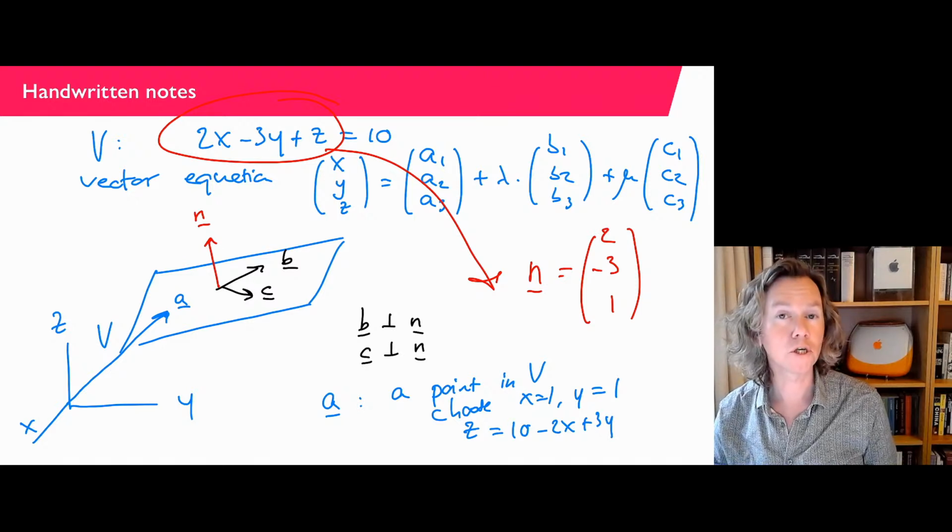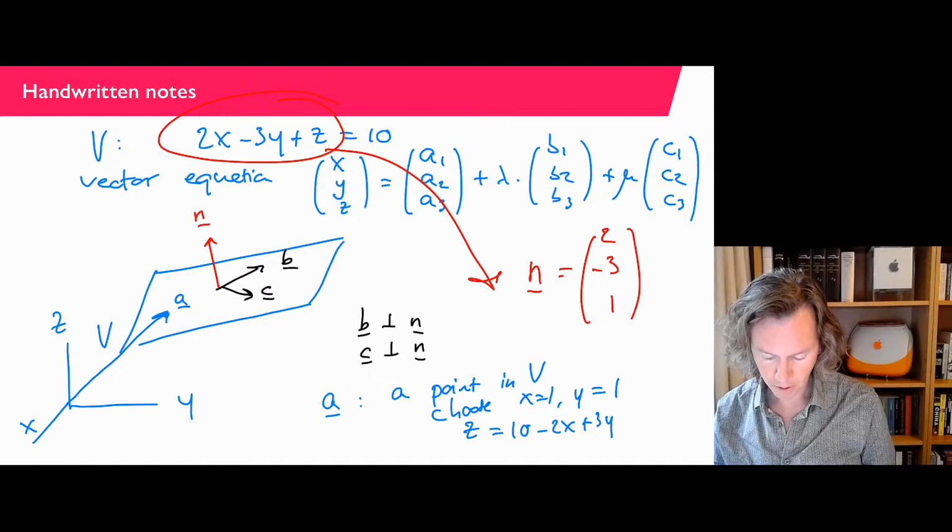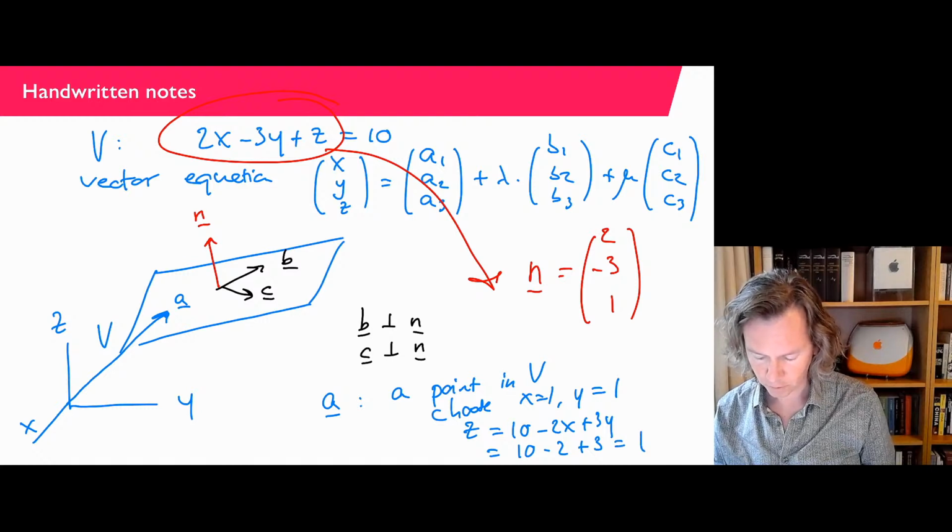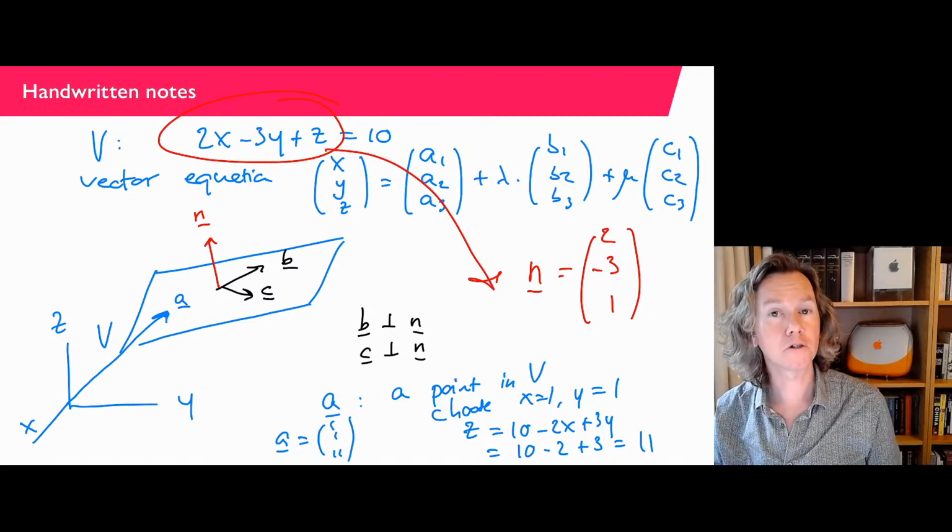So I rewrote the equation for the plane, and you find 10 minus 2 plus 3 equals 11. So apparently for A I could pick 1, 1, 11, and then I have a point that lies in the plane.